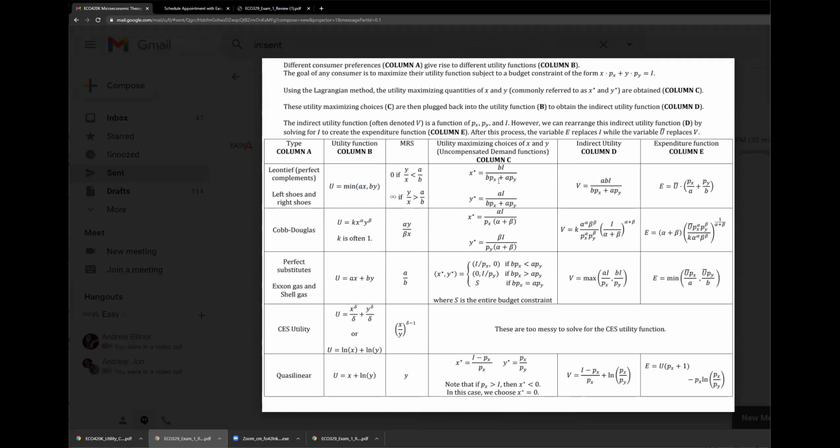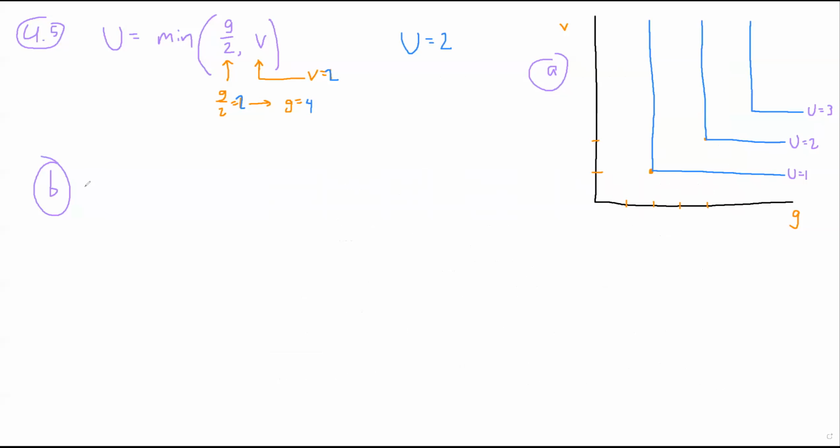But I'm going to be using these demand functions right now. So we have G star equals B times I over B times price of G plus A times price of V. In our case, like I said, A is 1/2 and B is 1 because the coefficient of V is 1.